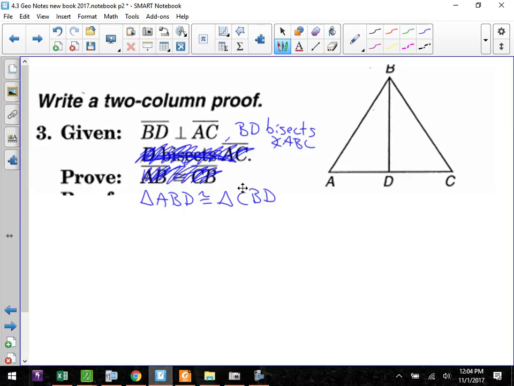So we have perpendicular, according to your sheet, when you have perpendicular, you have two things that you can automatically say. So what's the first thing that you say when you have perpendicular according to your sheet? Say the right angles, and then after you say the right angles, what do you do?